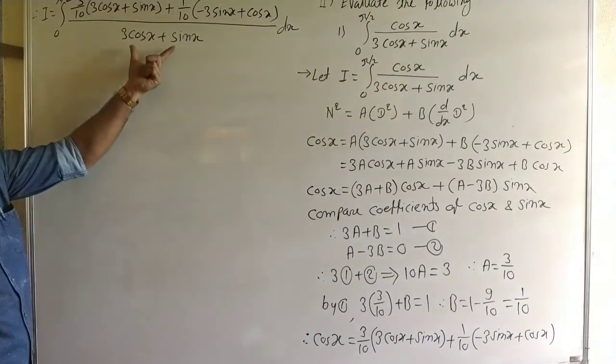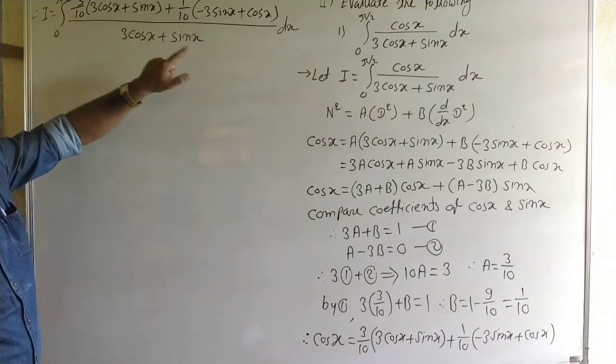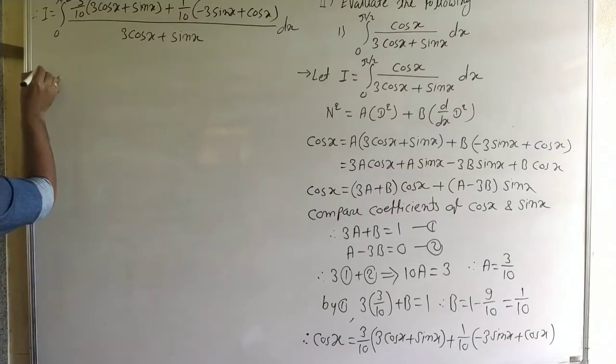Now with this denominator, separate the two terms in the numerator. Here there is a plus, that means there is a first term and a second term.